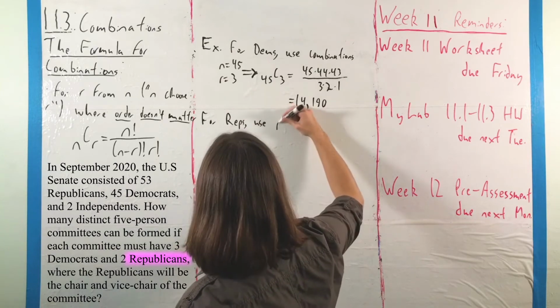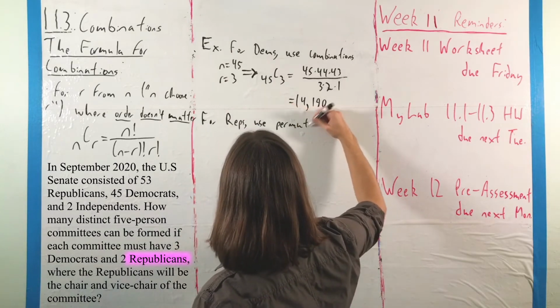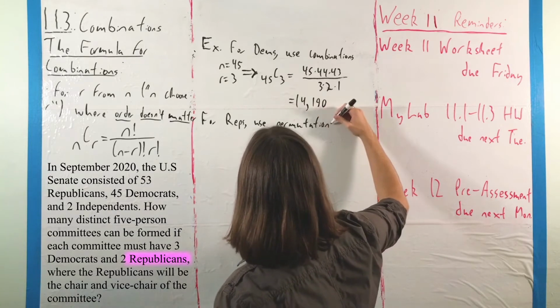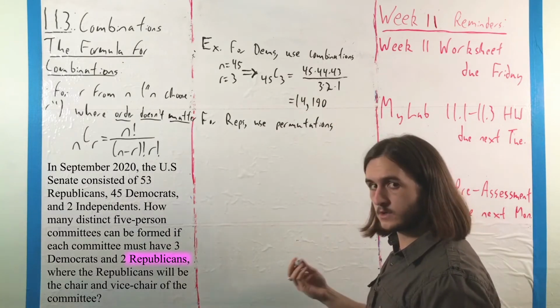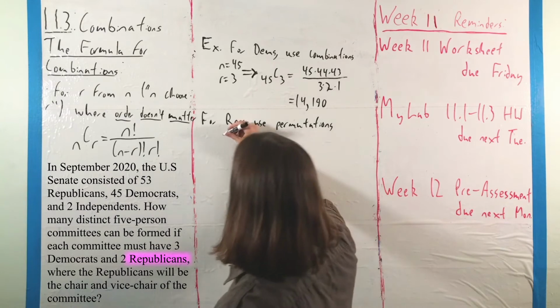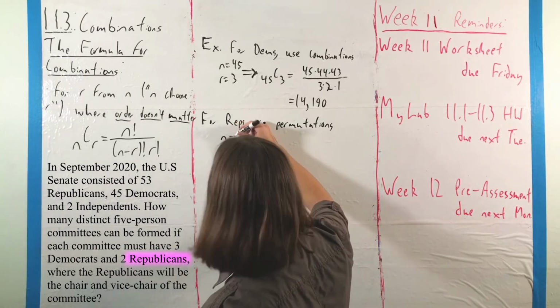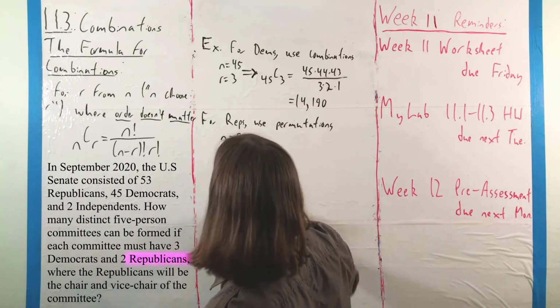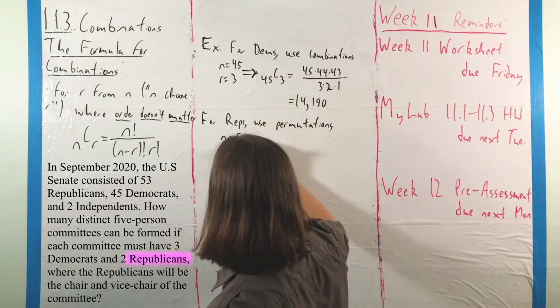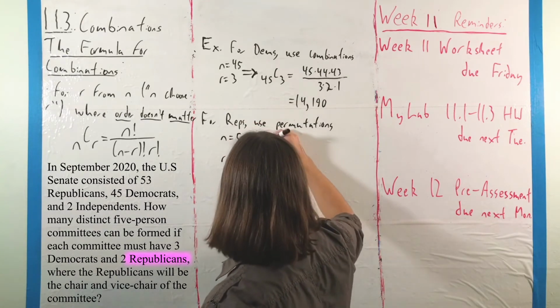Meanwhile, for the Republicans, we'll have to use permutations, because when we're selecting the chair and the vice chair, the order in which they're picked is relevant. So, we have n equals 53 total Republicans to pick from, and we're choosing 2 of them.